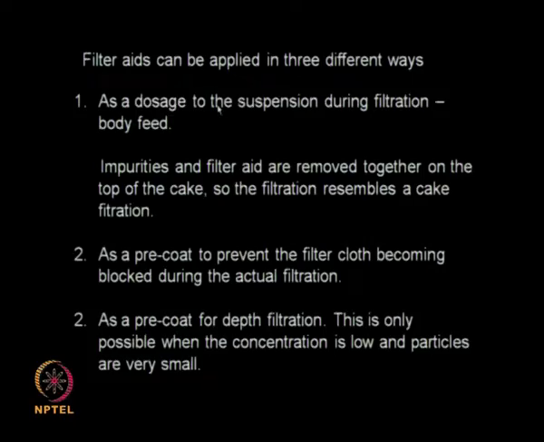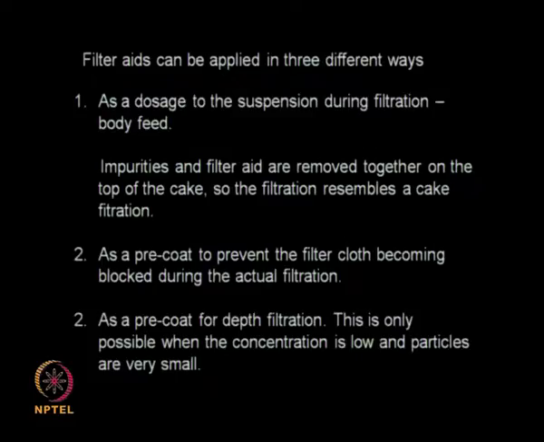So filter aid can be applied in 3 different ways during the filtration process. The first approach is you add it as a dosage with the slurry, so the solids in the slurry as well as the filter aid settle on top and form a mixed bed. Because the filter aid does not get compacted, the porosity of the bed is very high, so the liquid flows nicely.